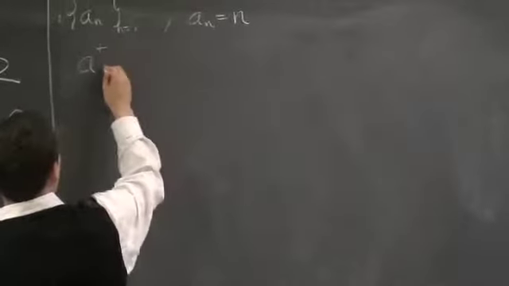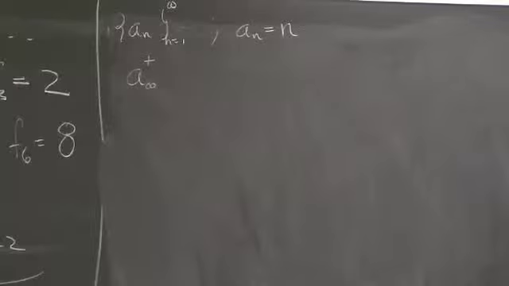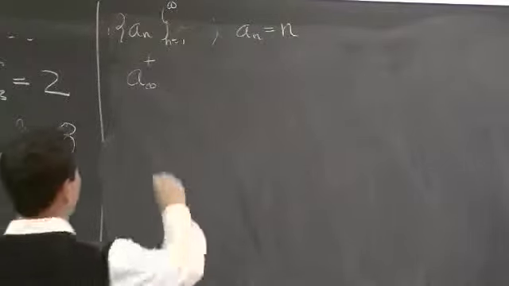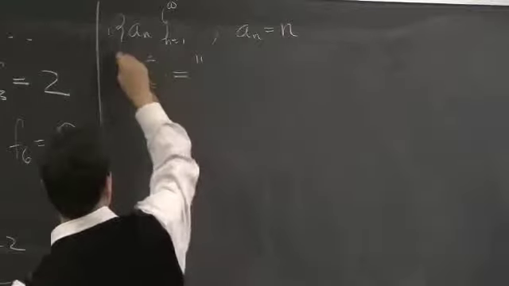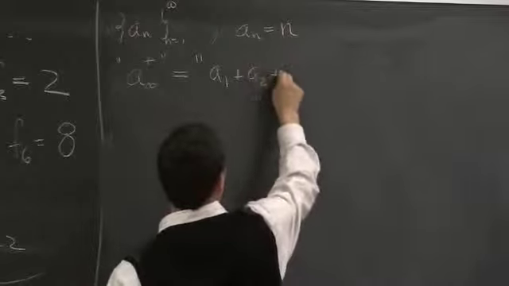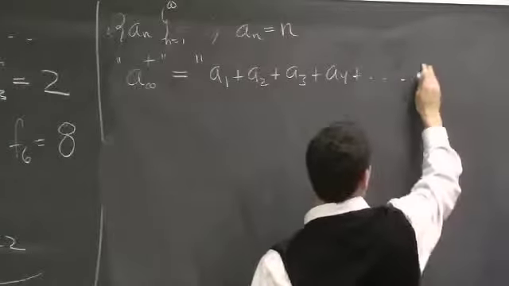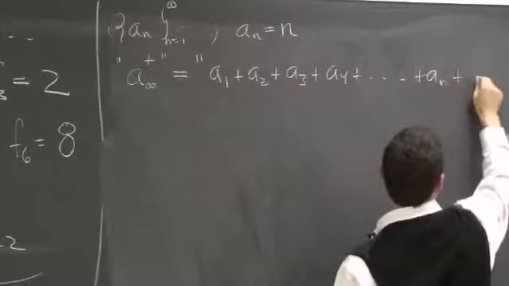So what is the sum from 1 to infinity of a_n? Well, formally, we can write down, and we'll put some quotes here, a1 plus a2 plus a3 plus a4 plus a_n plus, it just keeps going.